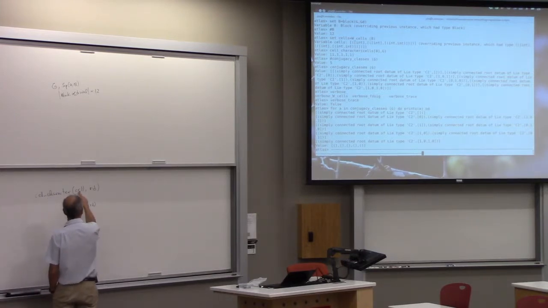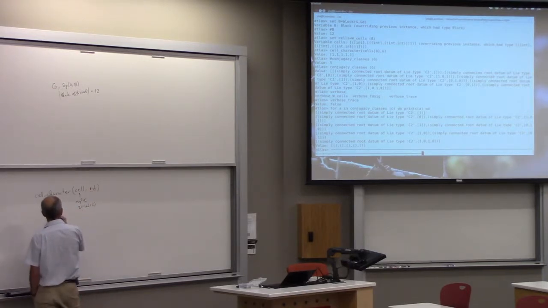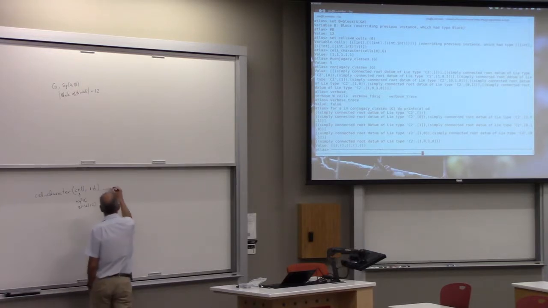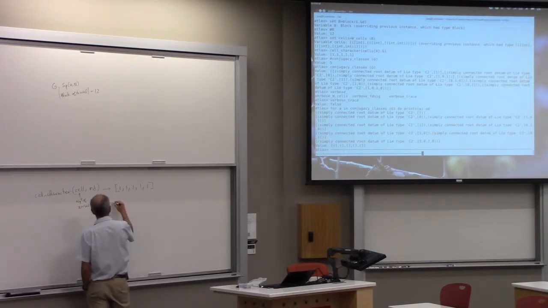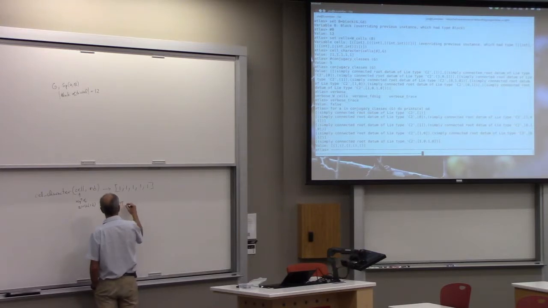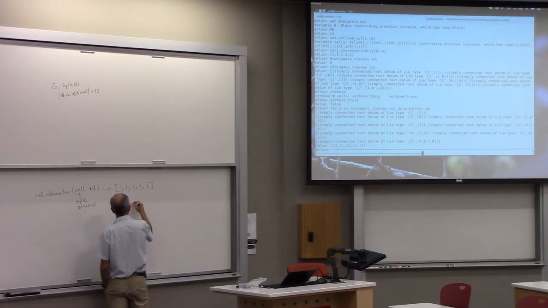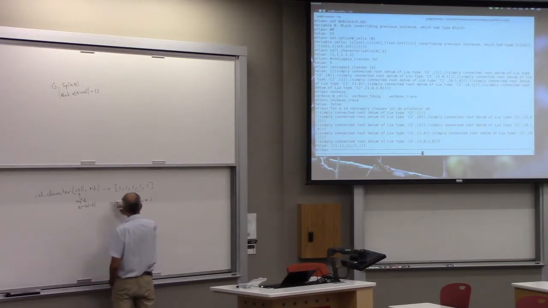Yeah, so you have a representation of the cell, and you specify the root datum, and then what this returns is, for example, 1, 1, 1, 1, 1, and that means that the trace of this representation on conjugacy class number I. I mean, that's what this is.